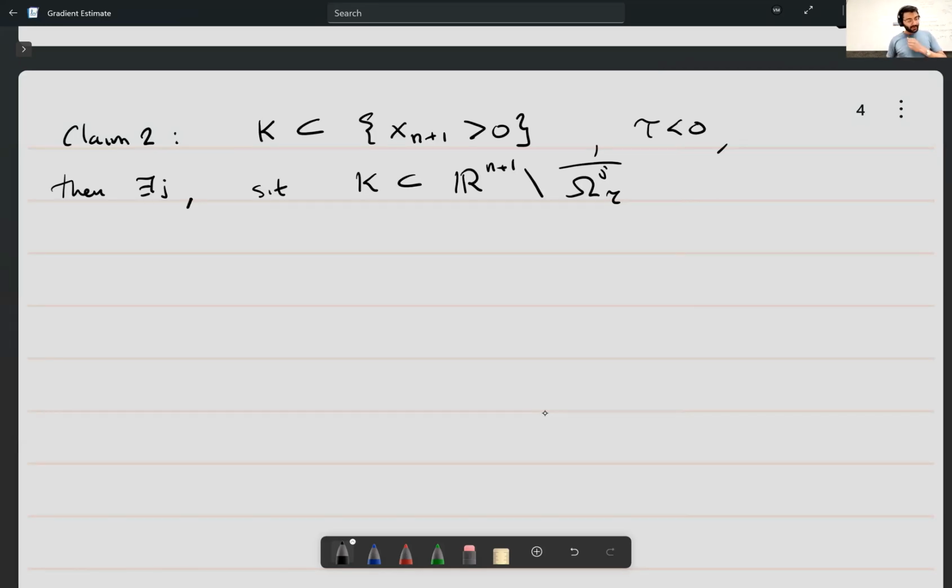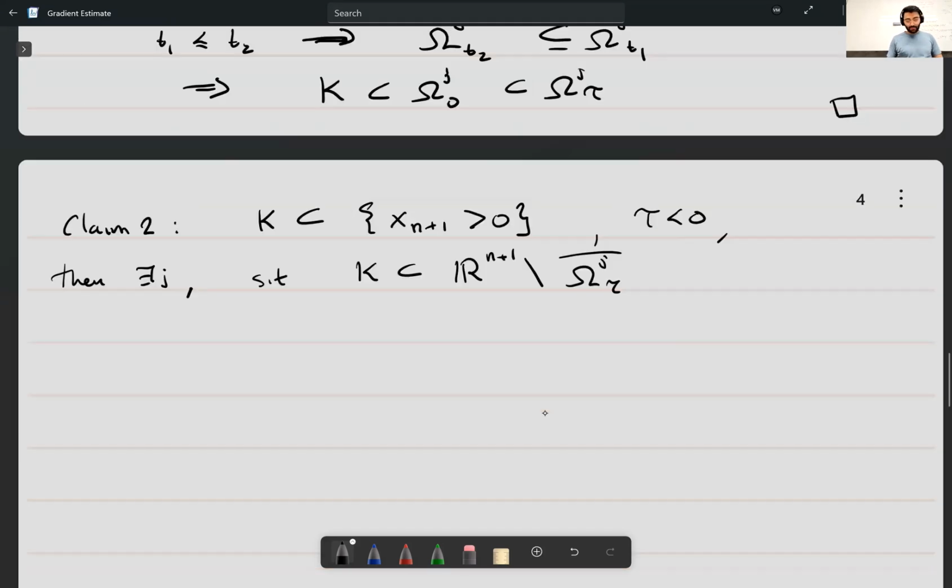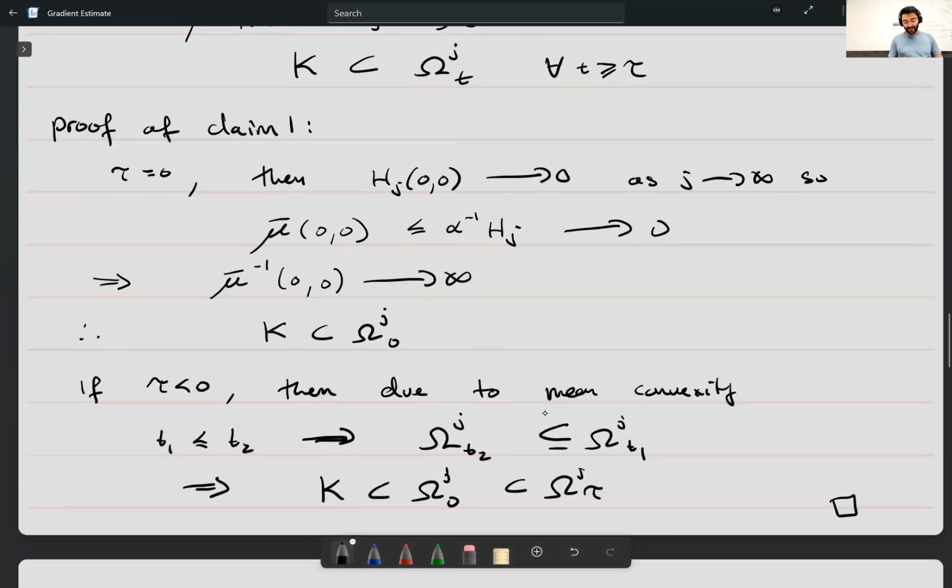Okay, so now the problem with just doing this exact same thing is that this is not true. This statement here about the exterior is not true, so I can't do this exactly.